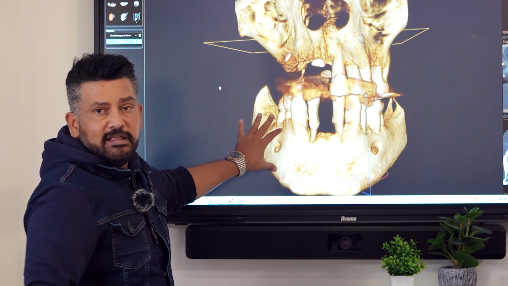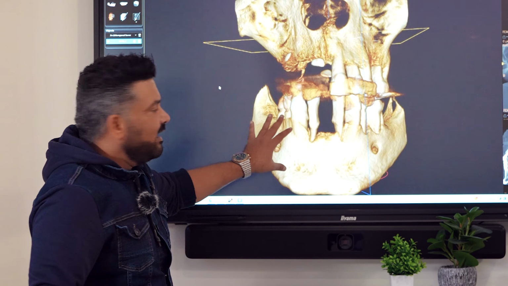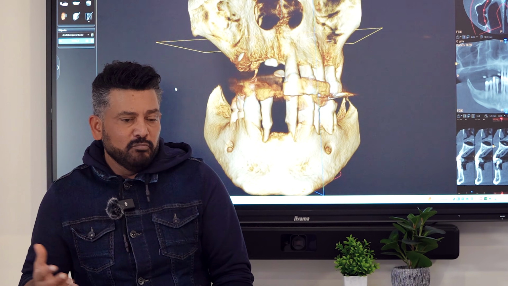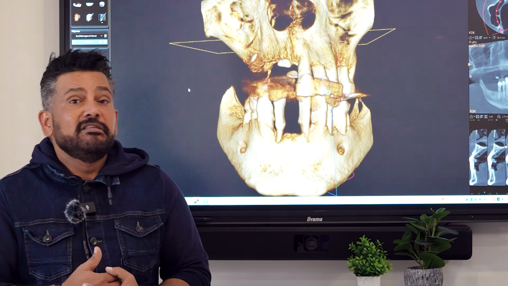As you can see, the level of detail that it allows me to see inside a patient's skull before we surgically intervene allows me and my team to plan. And if we can plan everything and we know where everything should go before we start, then by the time we actually come to do it, it's very straightforward.